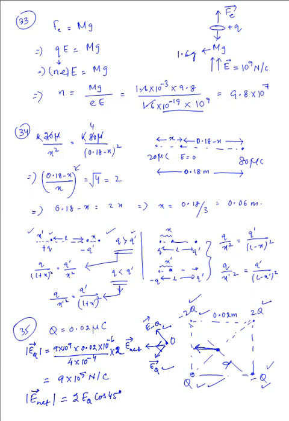Cos 45 is 1 over root 2, which cancels out with 2 to give us root 2. So this is 9 root 2 times 10 raised to the power 5 newton per coulomb. That is going to be our value for the net electric field in this arrangement.